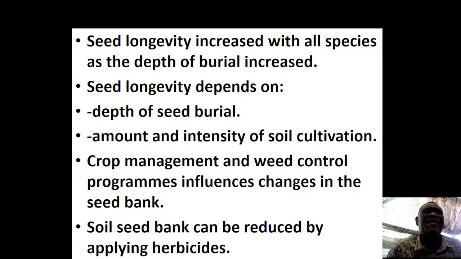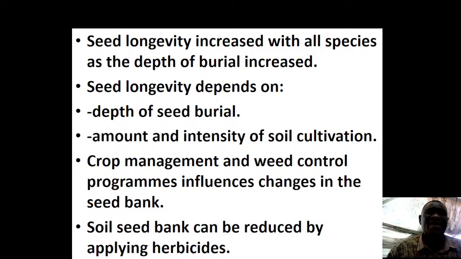So seed longevity increased with all weed species as the depth of burial is increased. So plowing action can bury weed seeds and they can be stored for a long time. This seed longevity depends on the depth of seed burial, the amount and intensity of soil cultivation.